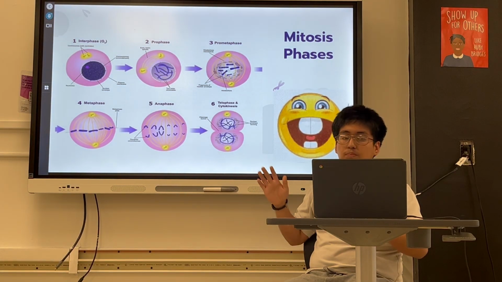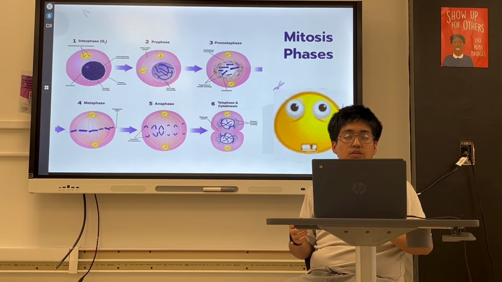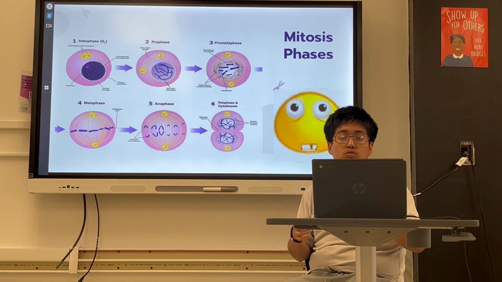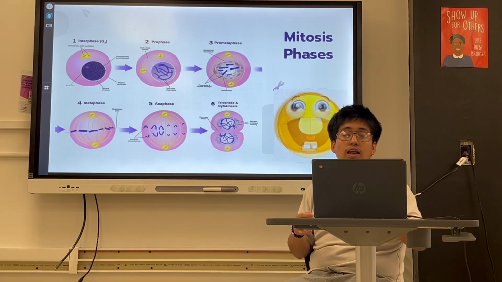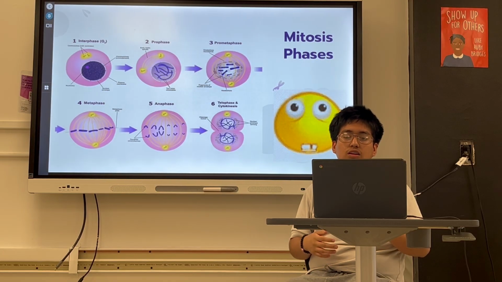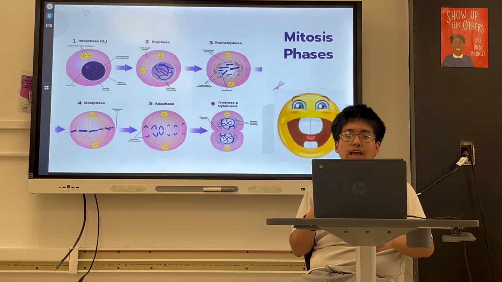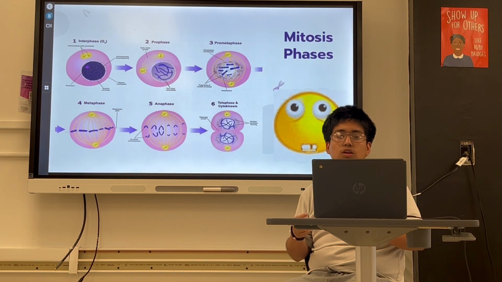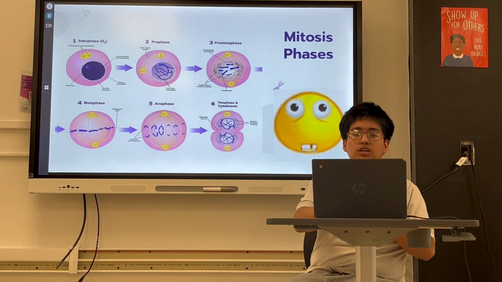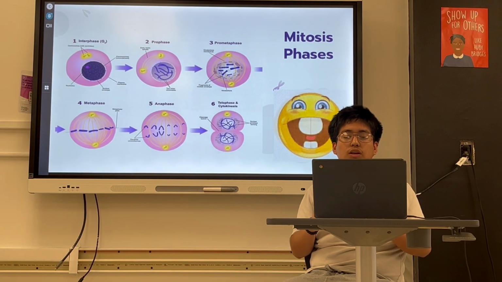Cytokinesis is the final step of mitosis, dividing the cytoplasm into two separate daughter cells, and it's a little bit different between animals and plants. In animal cells, it occurs through the formation of a cleavage furrow, pinching the cell membrane inward until it splits.